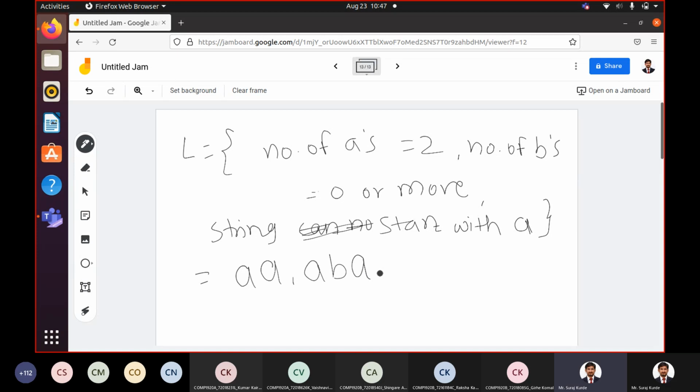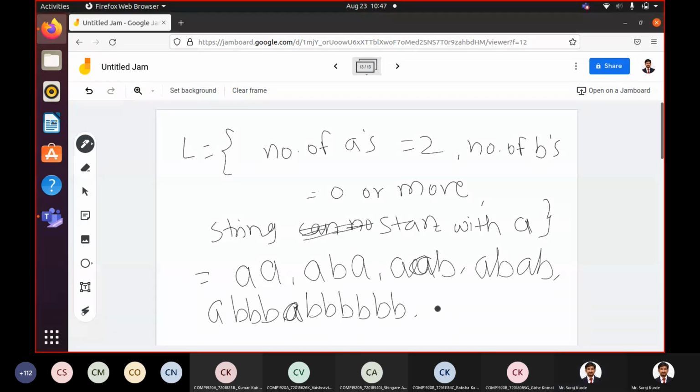It may be ABA. It may be AAB. Then ABAB. Then A, any number of times B followed by A and any number of times B. And so on. But it should start with A only.